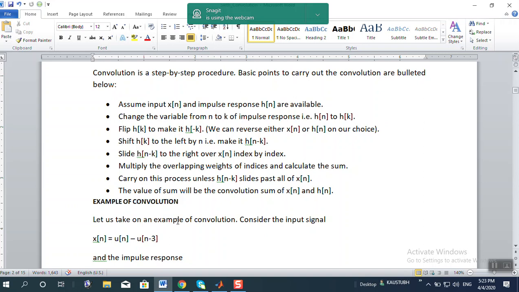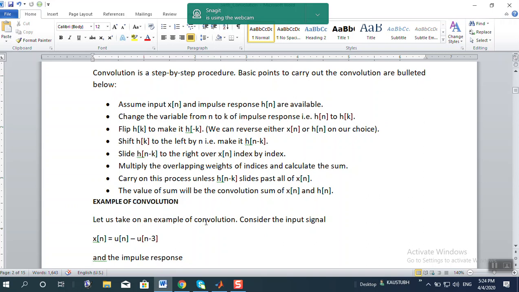Now the starting index of y, where y is the convolution of x and h, will be equal to the starting index of x plus the starting index of h. And the total number of samples in y, that is the convolved signal, is equal to the number of samples in x plus the number of samples in h minus 1.